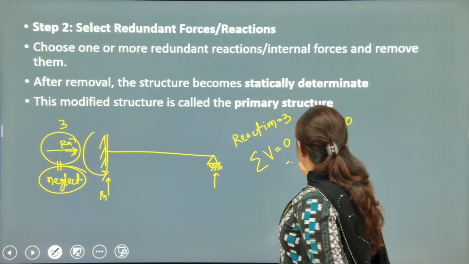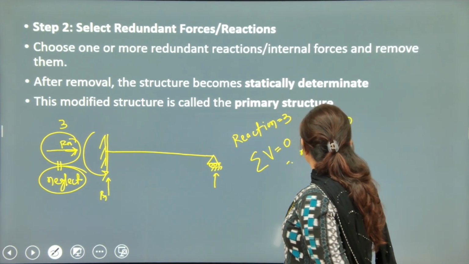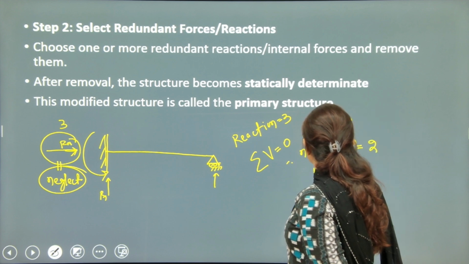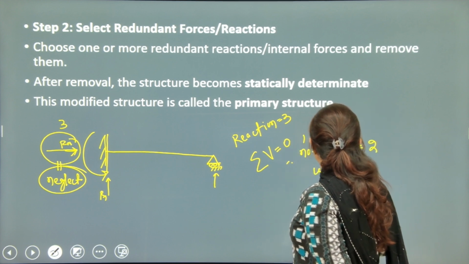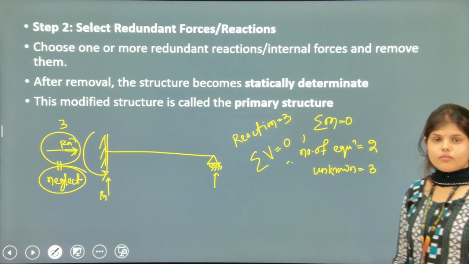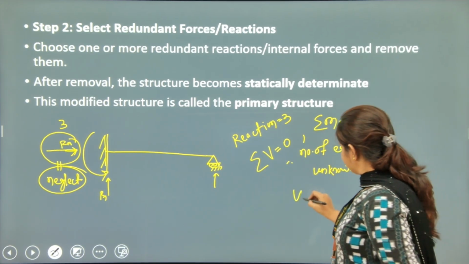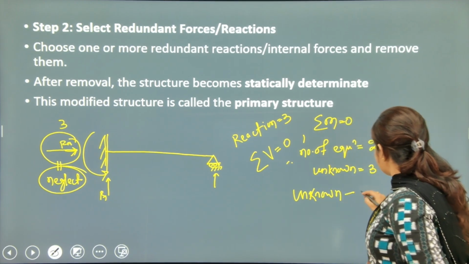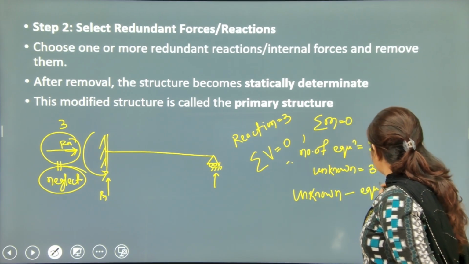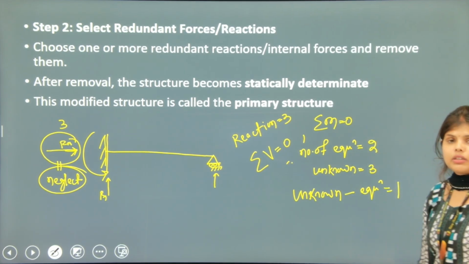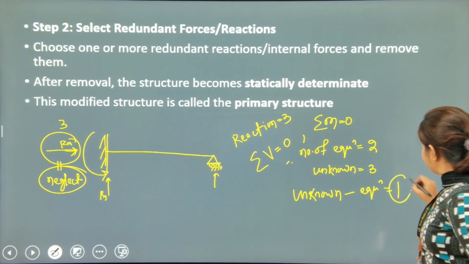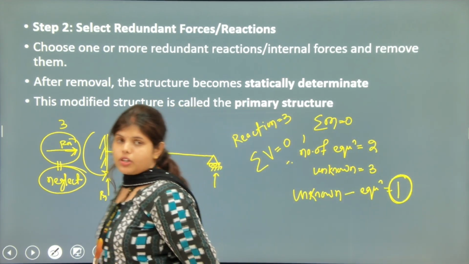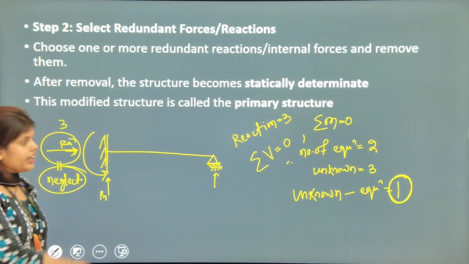So here the number of equations is 2 and the unknowns are 3. Unknowns minus equations equals 1. So this becomes the number of redundant forces. When solving the question, we will go into detail.